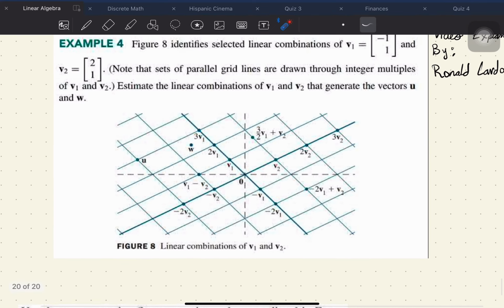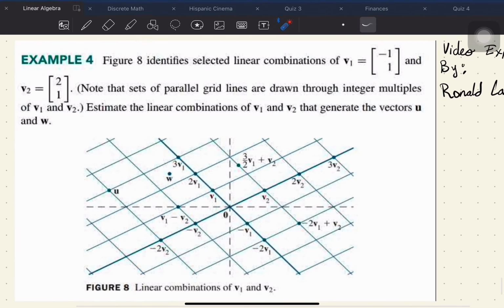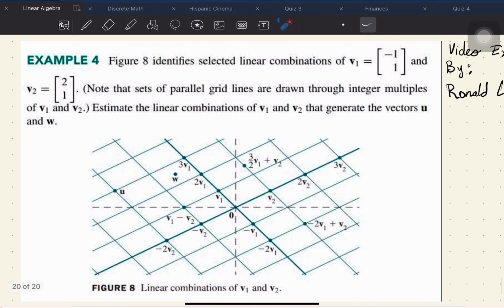This is from section 1.3, so let's get to it. Here, they're saying figure A identifies the selected linear combination of B1, which is a vector, and we see it represented as -1 and 1.